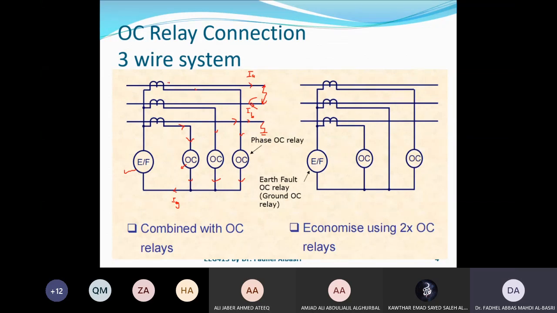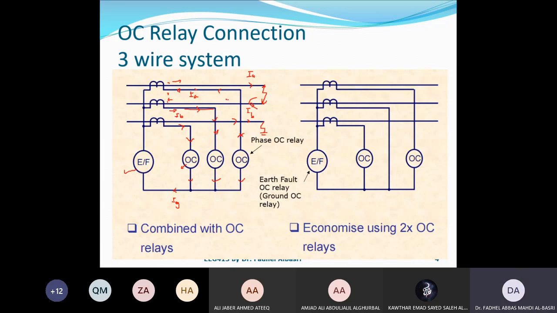Suppose the dot marking is this: current leaving here corresponds to current entering here, this is IA in the secondary side. For this phase, because the direction is opposite, current entering the dot corresponds to current leaving a dot, so this is IB.